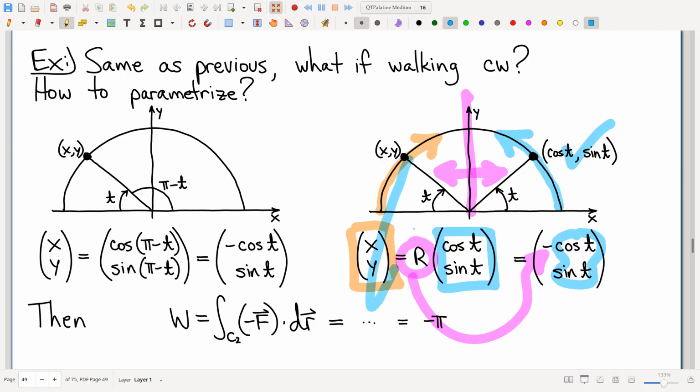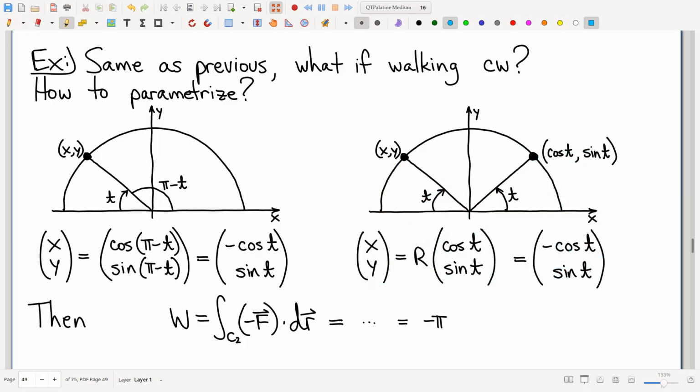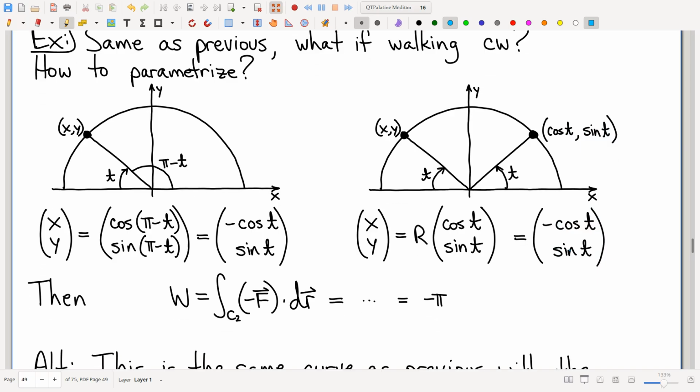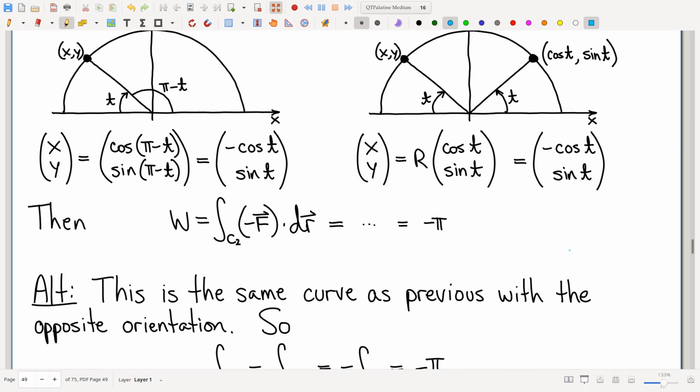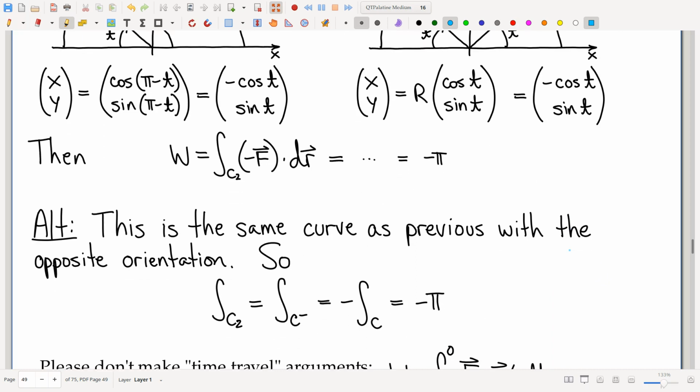Okay. Here's a third way to do it, and I think really much better. And that is to say, well, I already know how to compute the previous curve that we talked about. I already worked out the full algebra on the counterclockwise oriented curve.